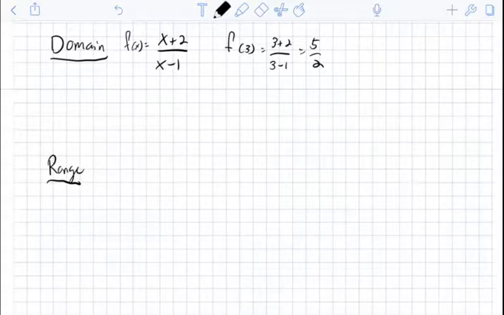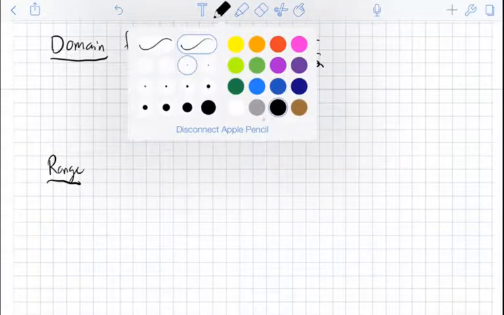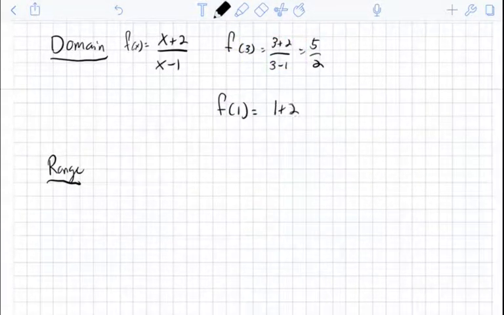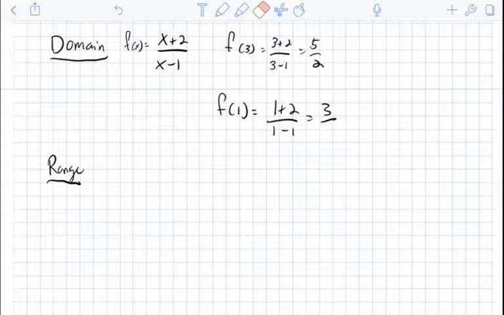Nobody's mad at it. If you plug in x is equal to 1, you get 1 plus 2 divided by 1 minus 1, so that's 3 divided by 0. 3 divided by 0 is an undefined number.